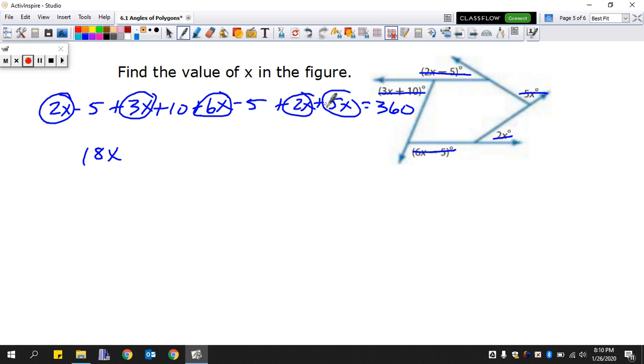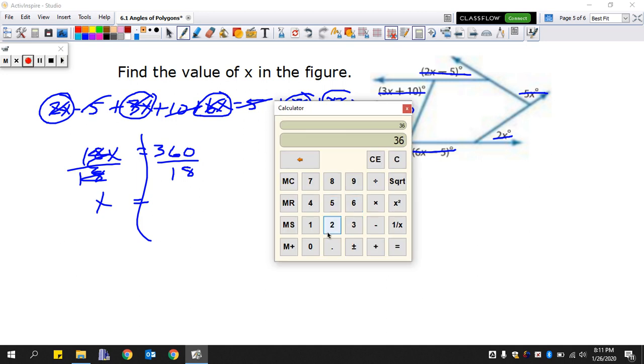Then we have negative 5 plus 10, which would be a positive 5, minus 5 is 0. So these all cancel out in this case. So we're going to say 18x is equal to 360. We're going to divide it by 18. So when we solve, x is equal to 360 divided by 18 is 20. Right? So x is equal to 20.